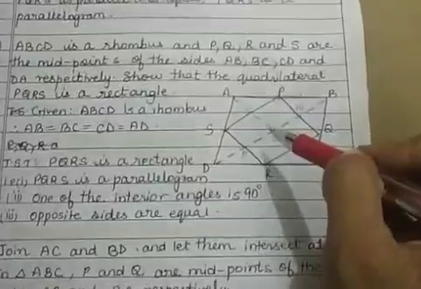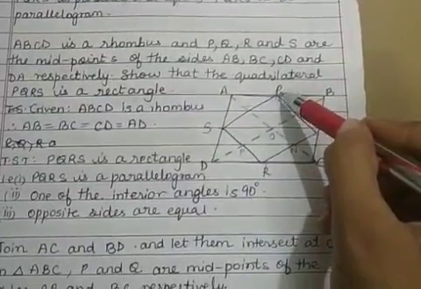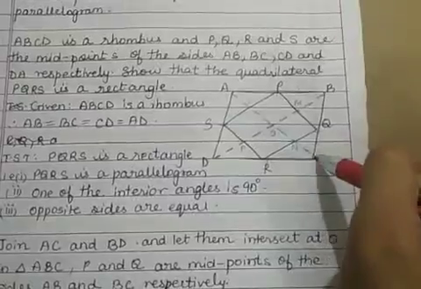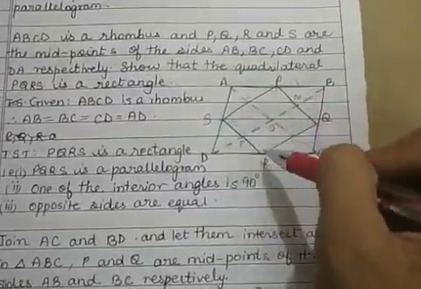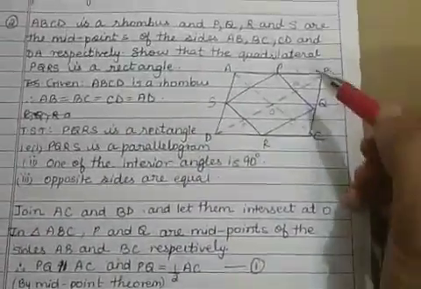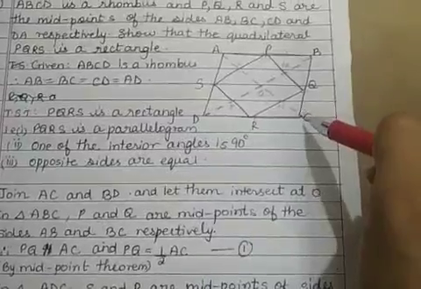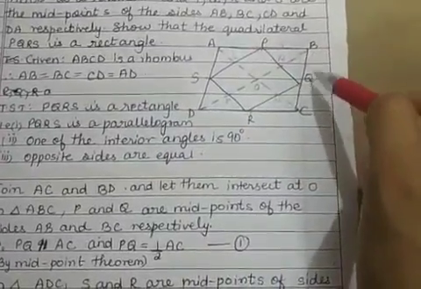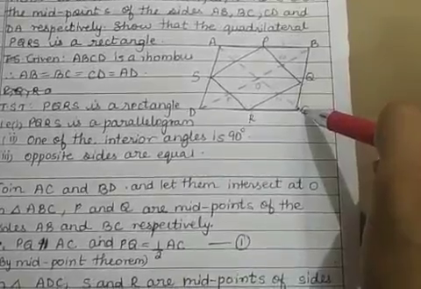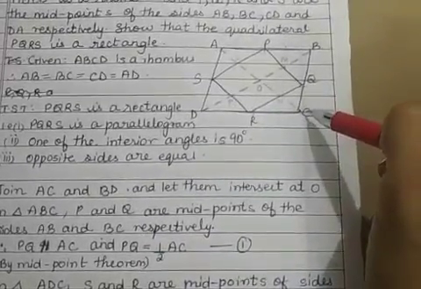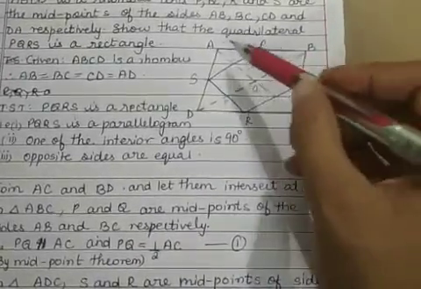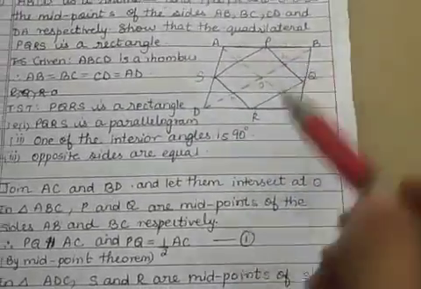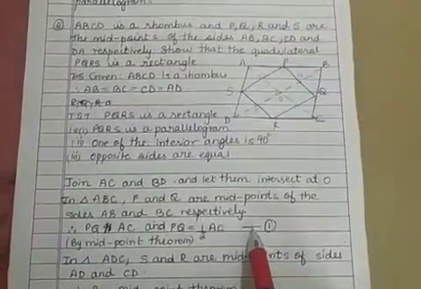Just like the previous example, first we will show PQ is parallel to AC and SR is parallel to AC, so PQ will be parallel to SR. In triangle ABC, P is the midpoint of AB and Q is the midpoint of BC. Correct? So by the midpoint theorem, PQ will be parallel to AC and PQ is half of AC. Let us number this equation as 1.